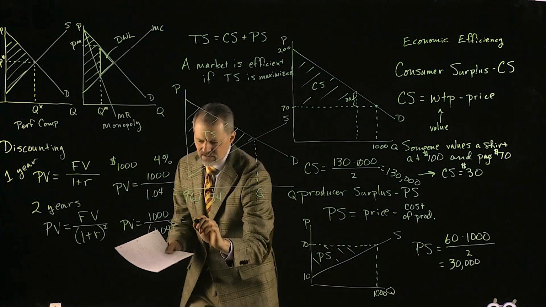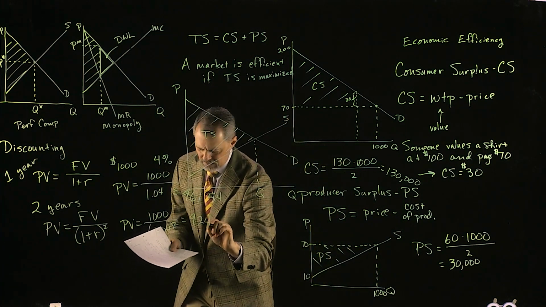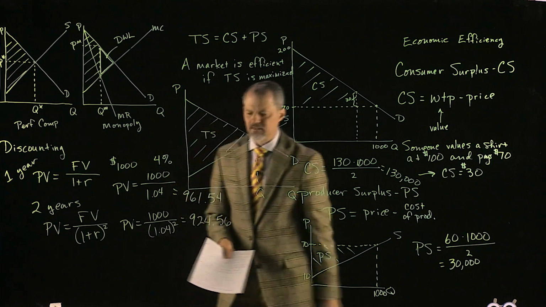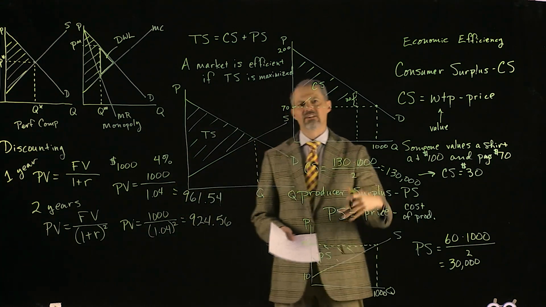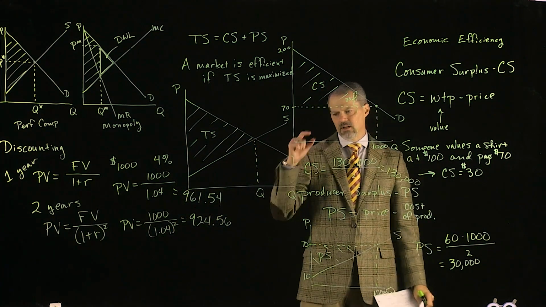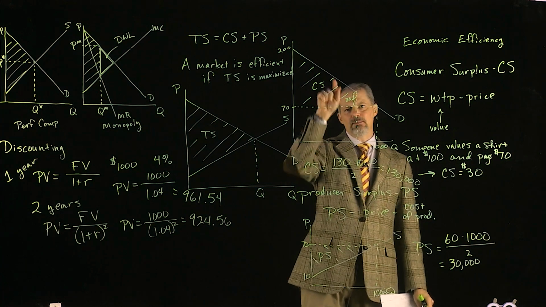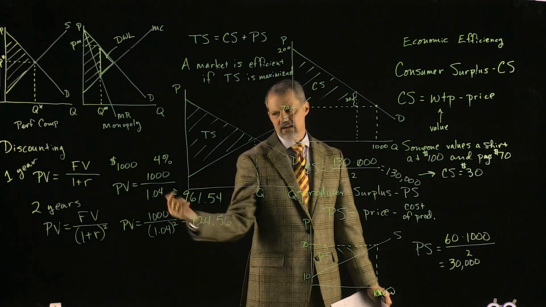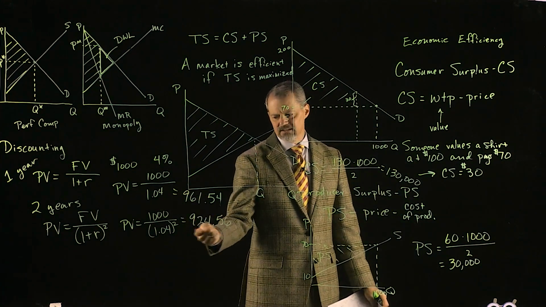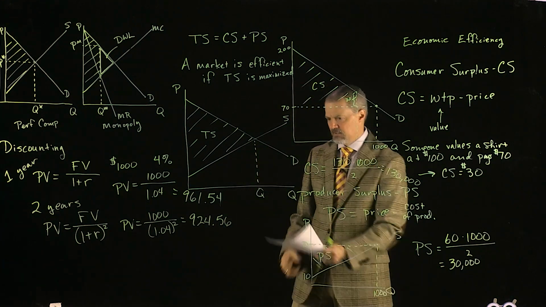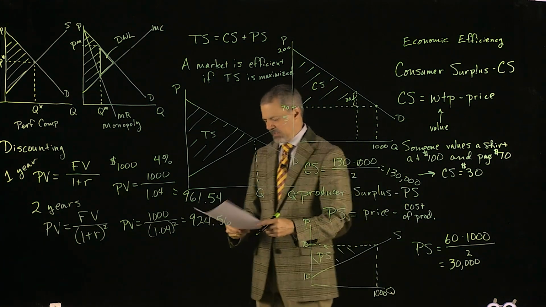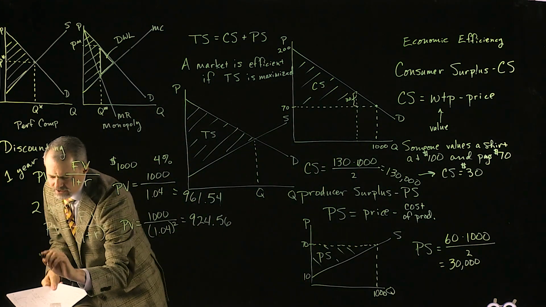That would be $924.56. So the present value of a $1,000 payment in 2 years, if the interest rate's 4%, is $924.56.